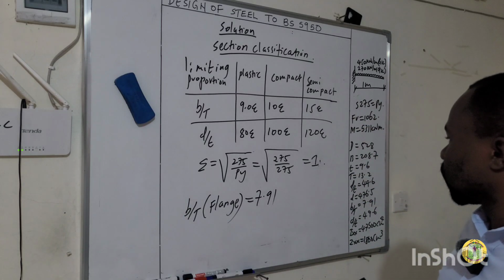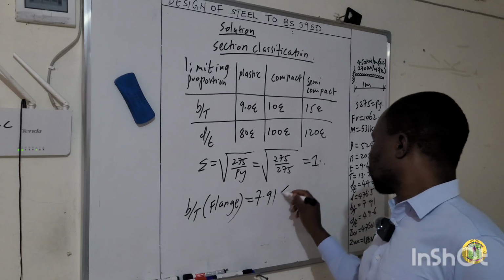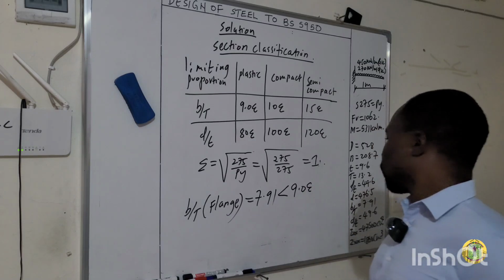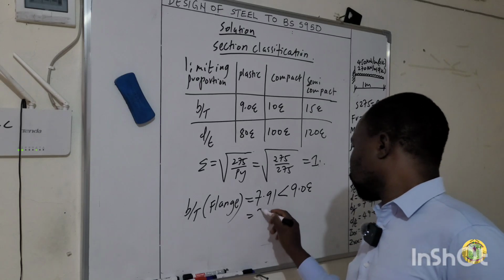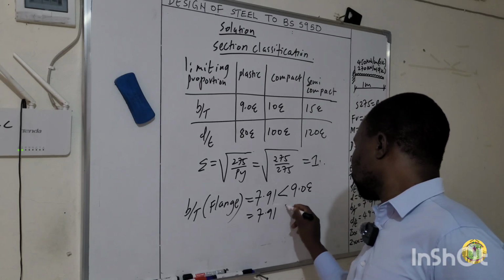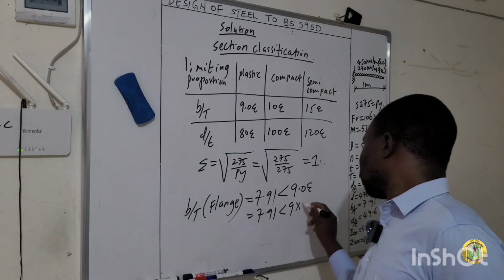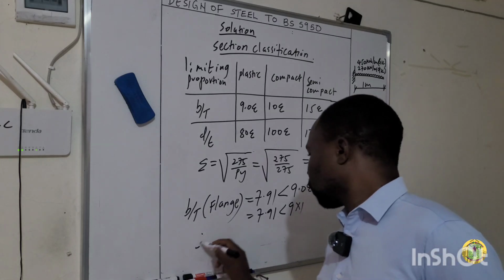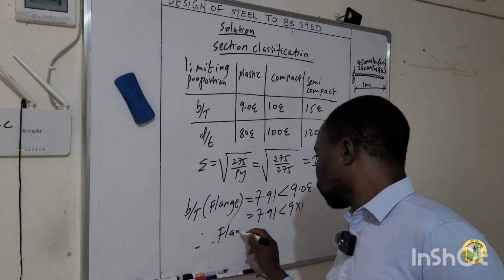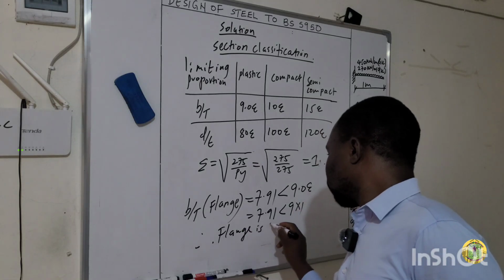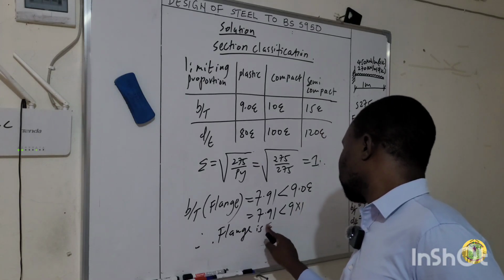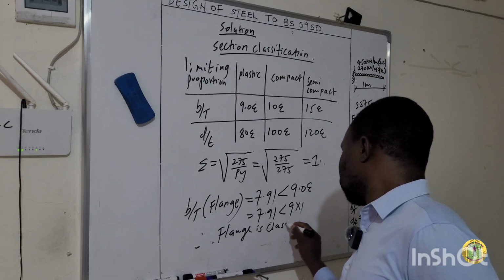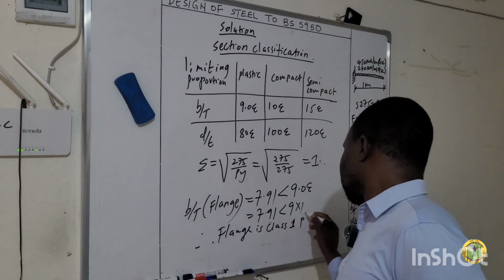And for plastic, it must be less than 9.0. So 7.91 is less than 9 times 1. Therefore, the flange is class 1 plastic.